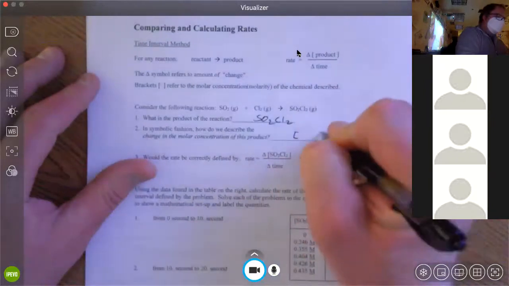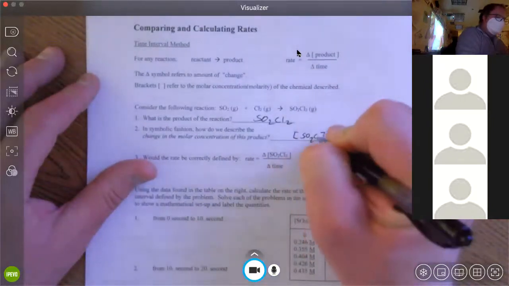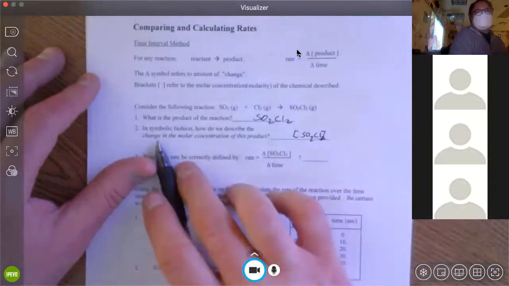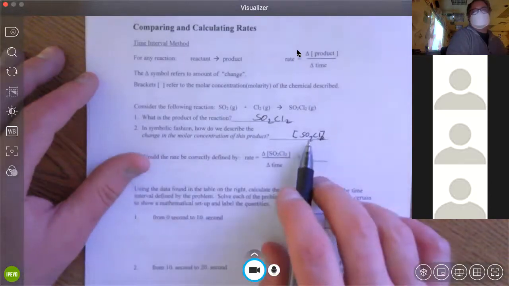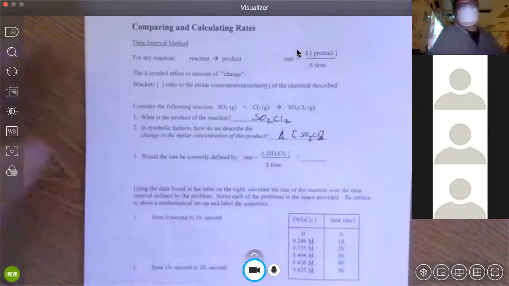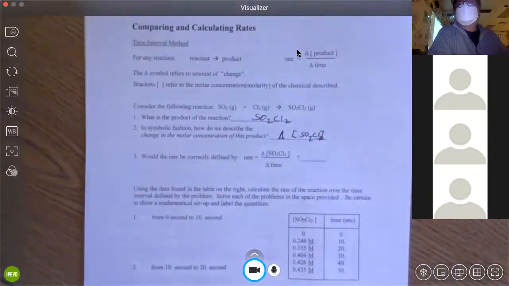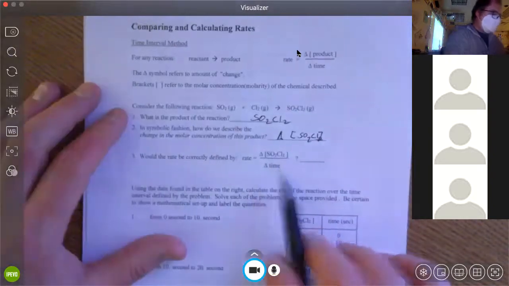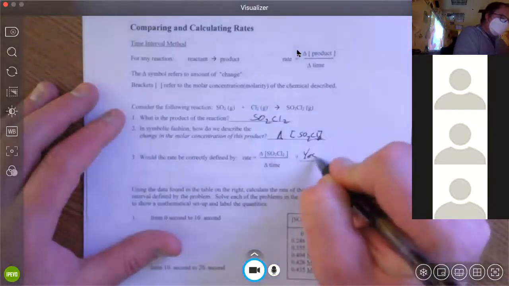I just said the concentration of it, which would be shown by this. The change in concentration would be delta, delta bracket SO2 Cl2. So this would be our actual formula.